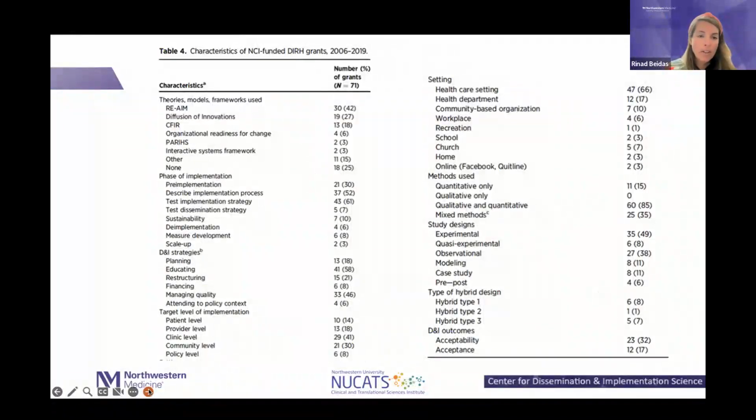Here are some more characteristics I'll call out. In the first column of theories, models, and frameworks, we do see CFIR. So Sarah and Carol, you were right, as well as some other newer frameworks that weren't represented in that old paper, as well as the types of strategies that were used and what phases of implementation they map onto.